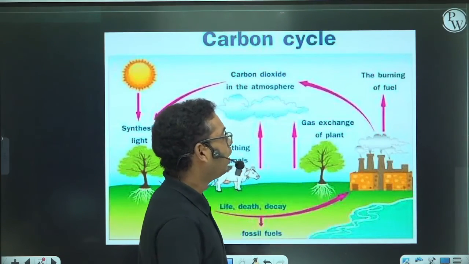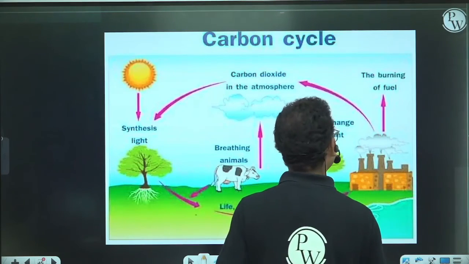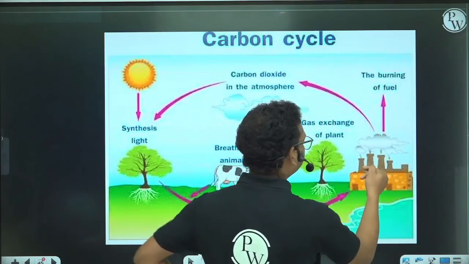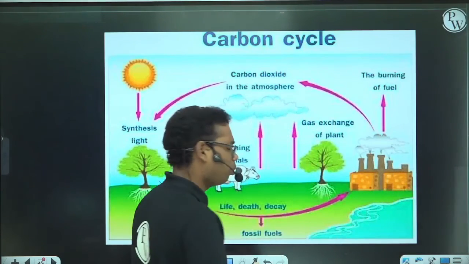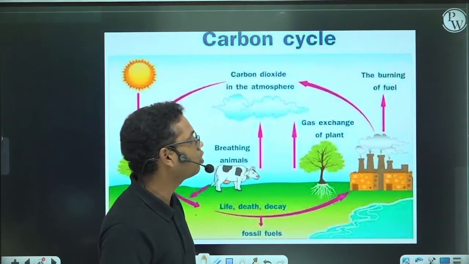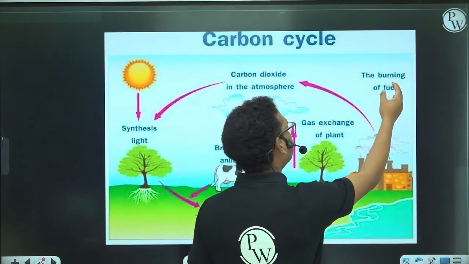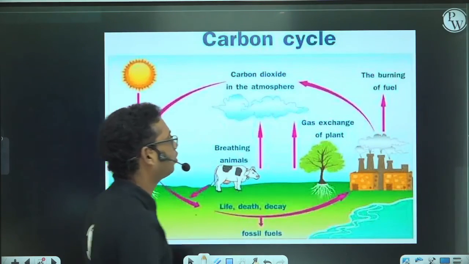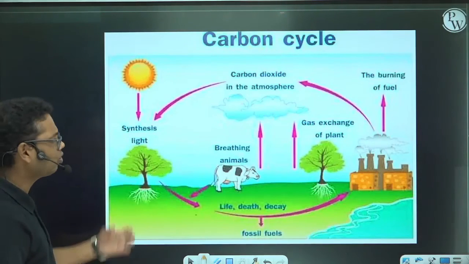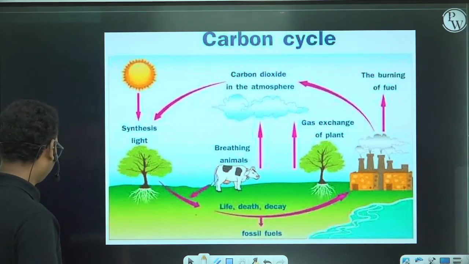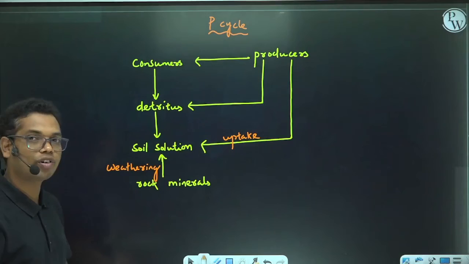Burning of those fuels will release CO2, and the CO2 will come back to the atmosphere. So this is very simple. Okay, now what about the phosphorus cycle?